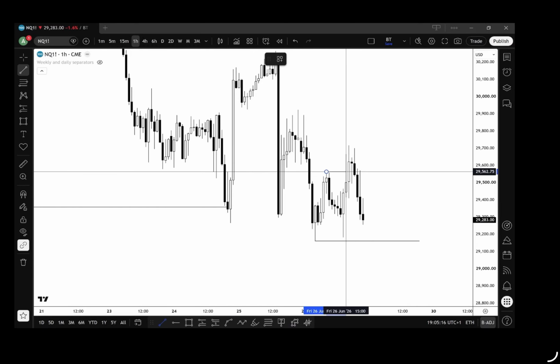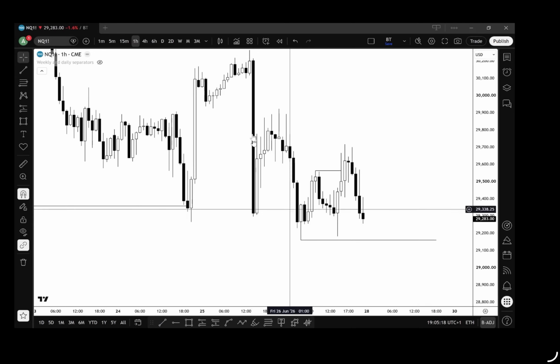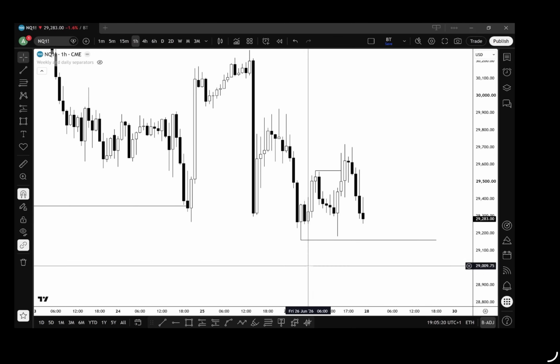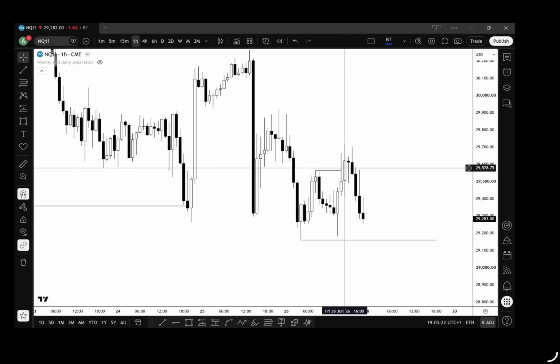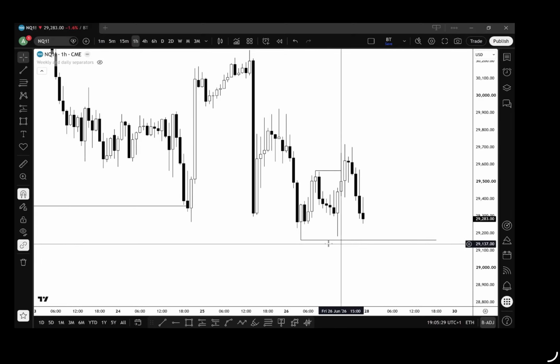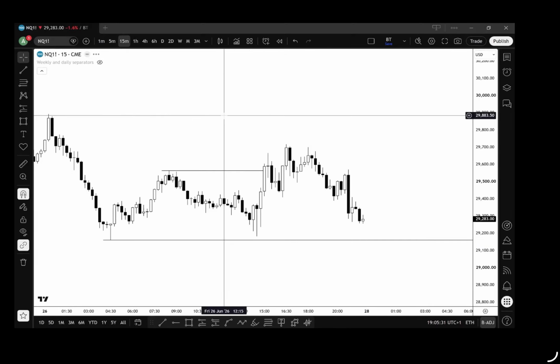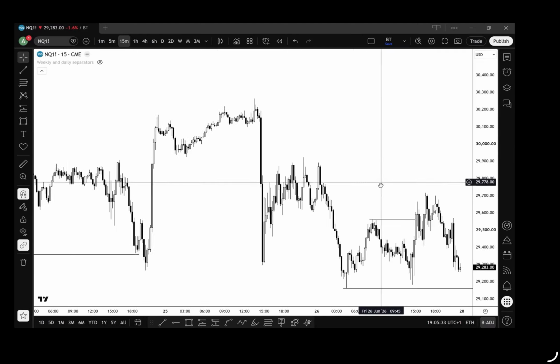From my data, once we've induced sellers and then we take out that inducement high, we have that move back down. We come and clear that liquidity. It's all to do with liquidity, okay? Same thing here, look.